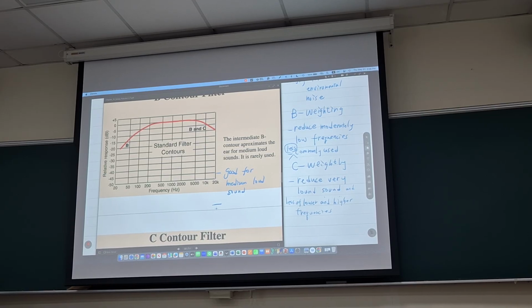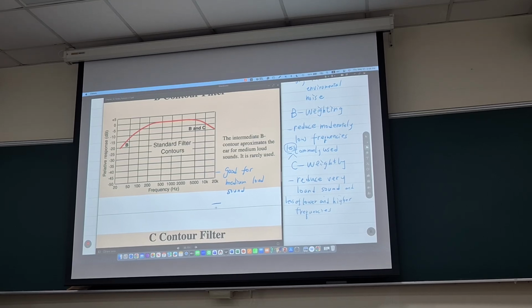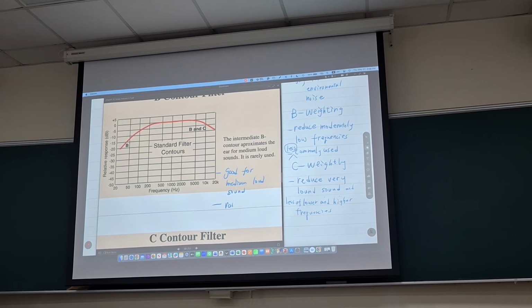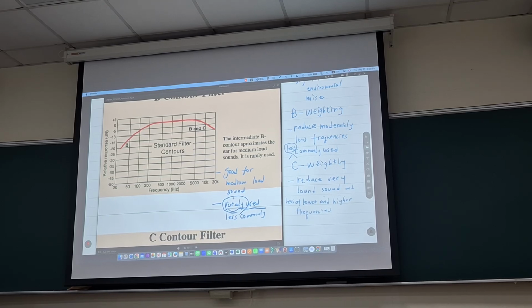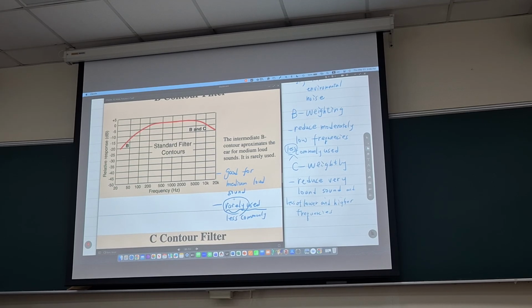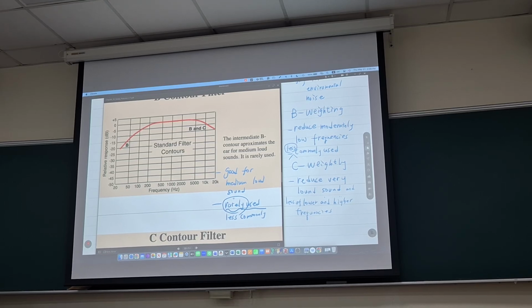But medium loud sound actually you don't need to reduce, right?